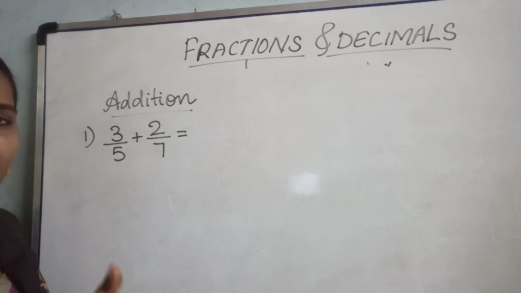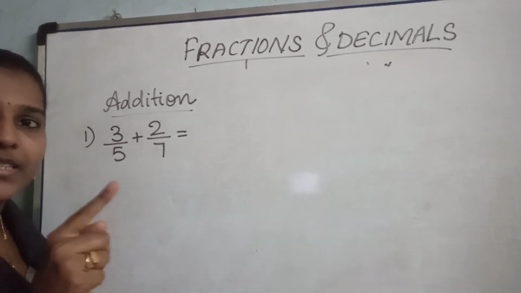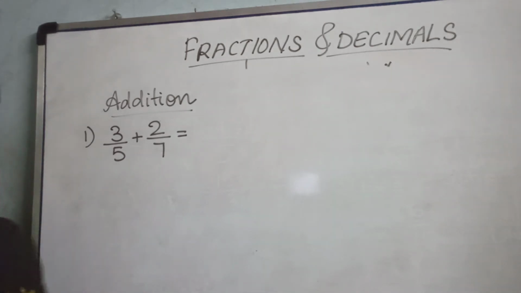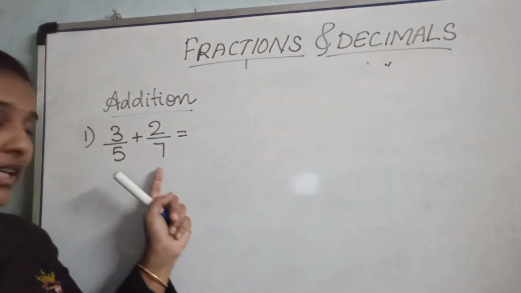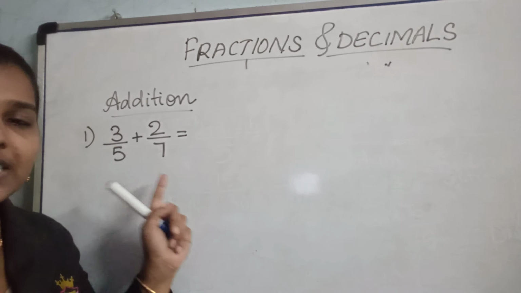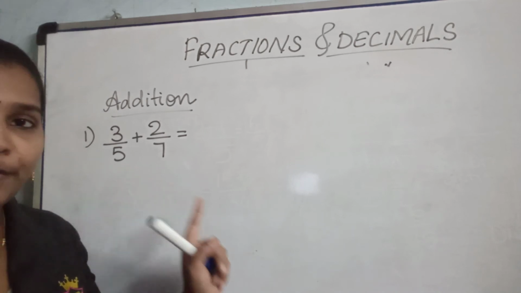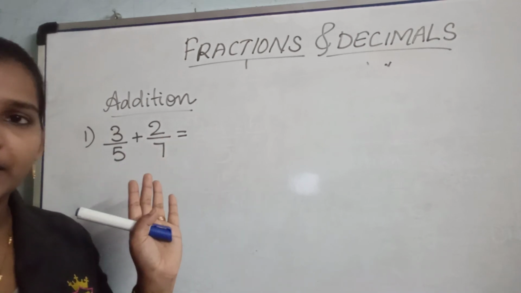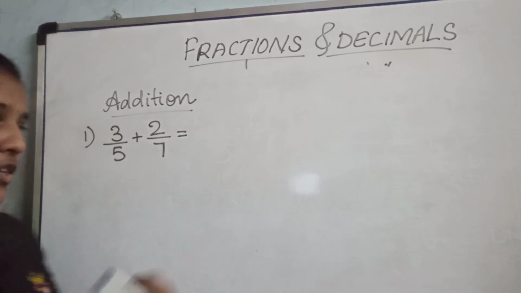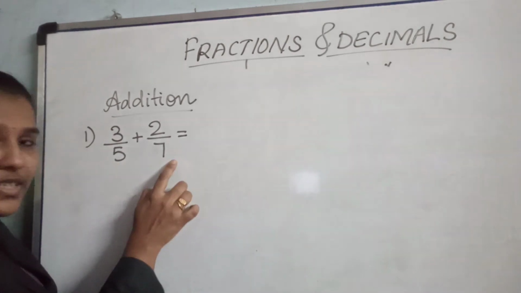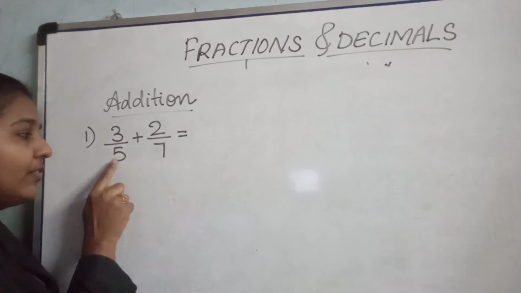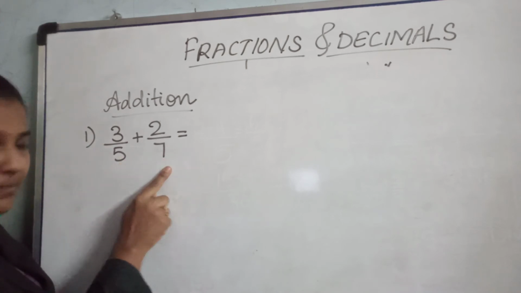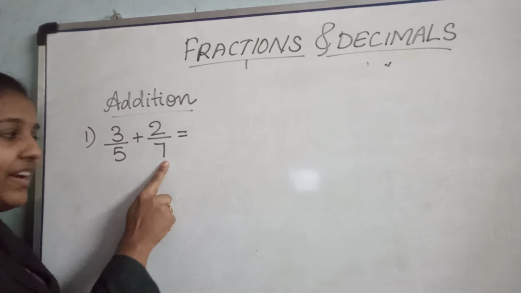We have to make the denominators the same. So the first step is to make the denominators the same, and after that you add the fractions. To make the denominators the same, you have to take the LCM of these two numbers, that is the LCM of 5 and 7.